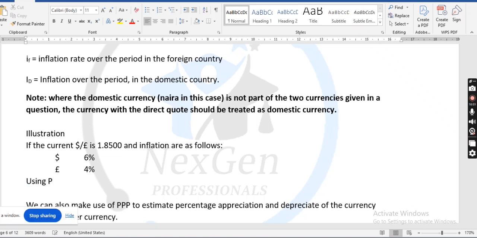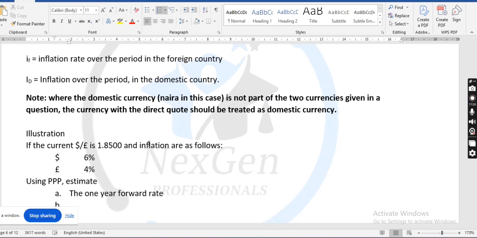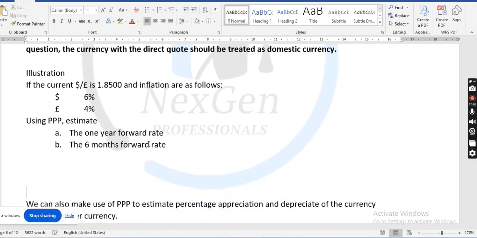Using purchase power parity, estimate the 1 year forward rate and the 6 months forward rate. Okay, right.